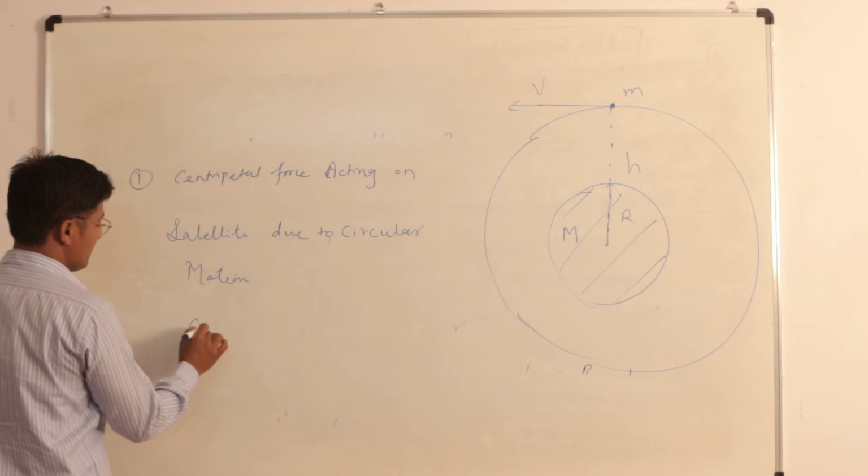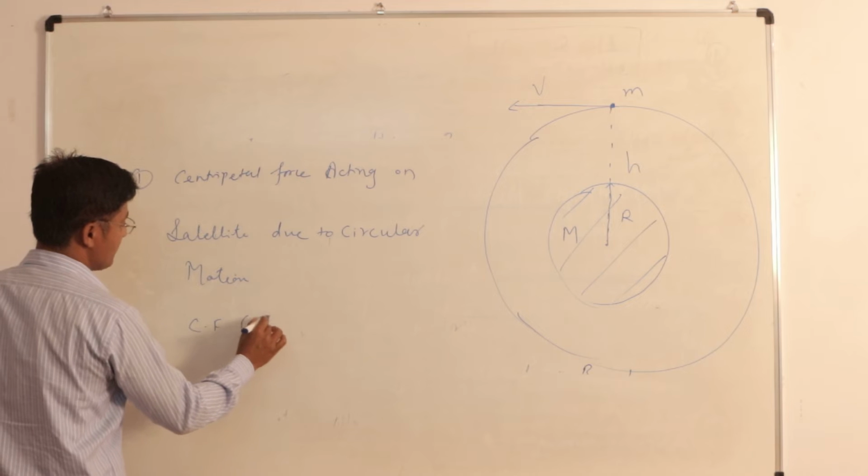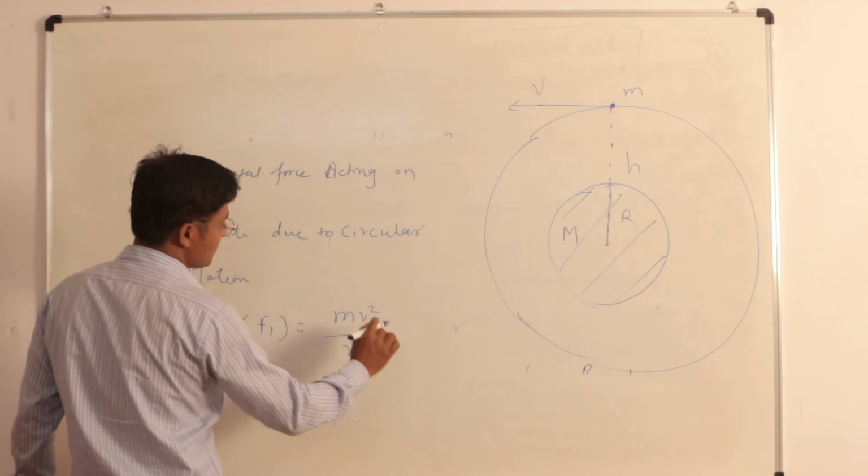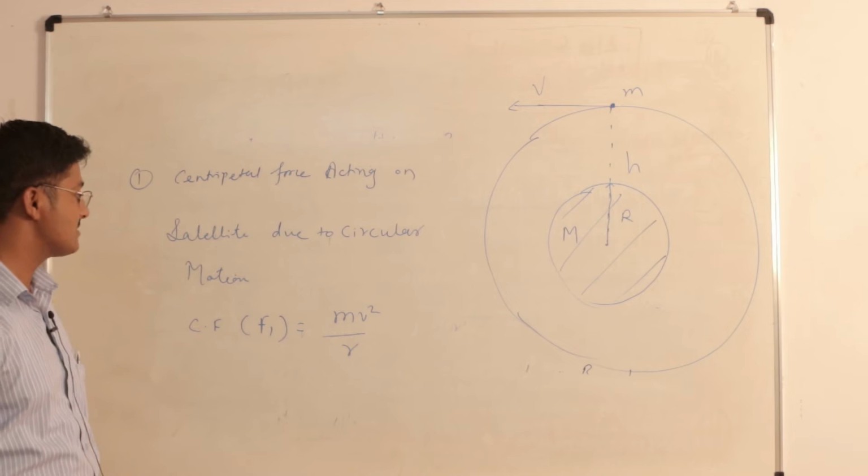So I will write centripetal force CF and I will denote it by symbol F1. We know the universal equation, mv square upon r. This is the centripetal force.